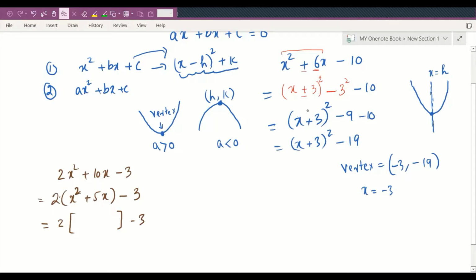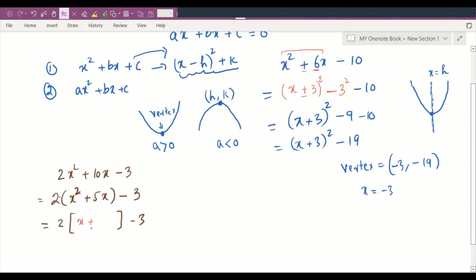Now we will repeat the same thing inside the bracket. First of all, we'll take half of the coefficient of x. What is half of 5? 2.5, or 5 over 2. Let's take 2.5. So we'll say x plus, and the sign will come here.